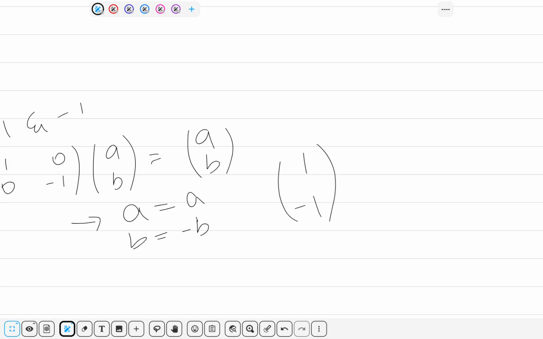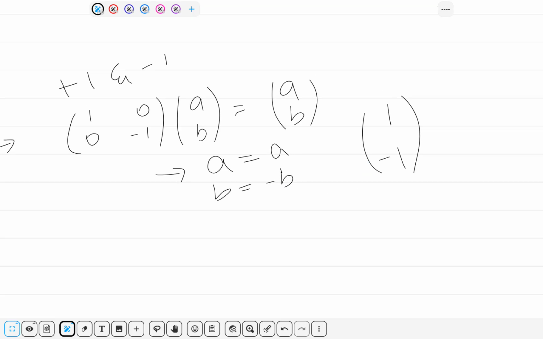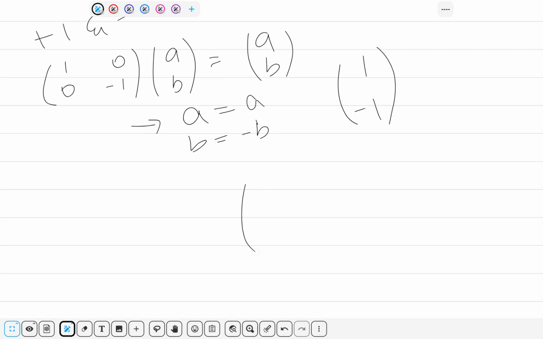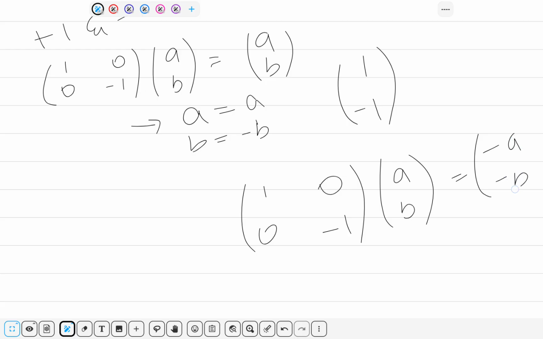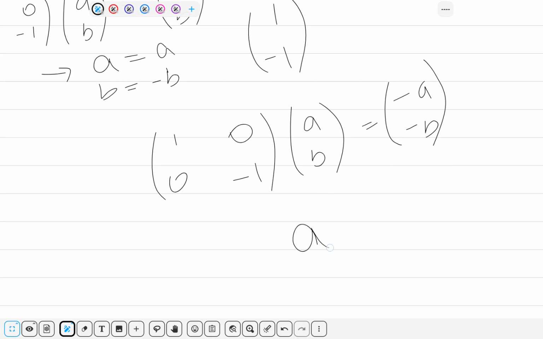This is very torturing. Let's see, a equals a, and minus b equals minus b.